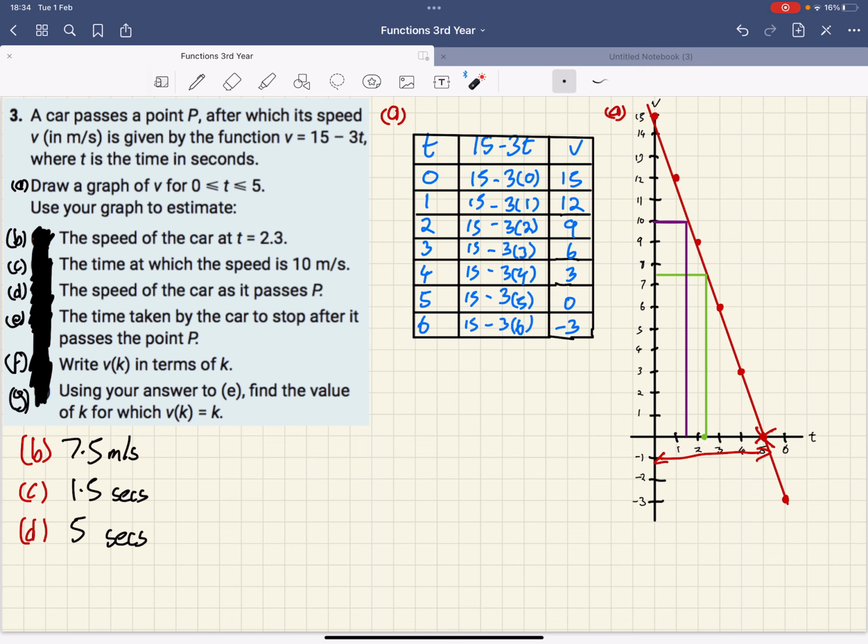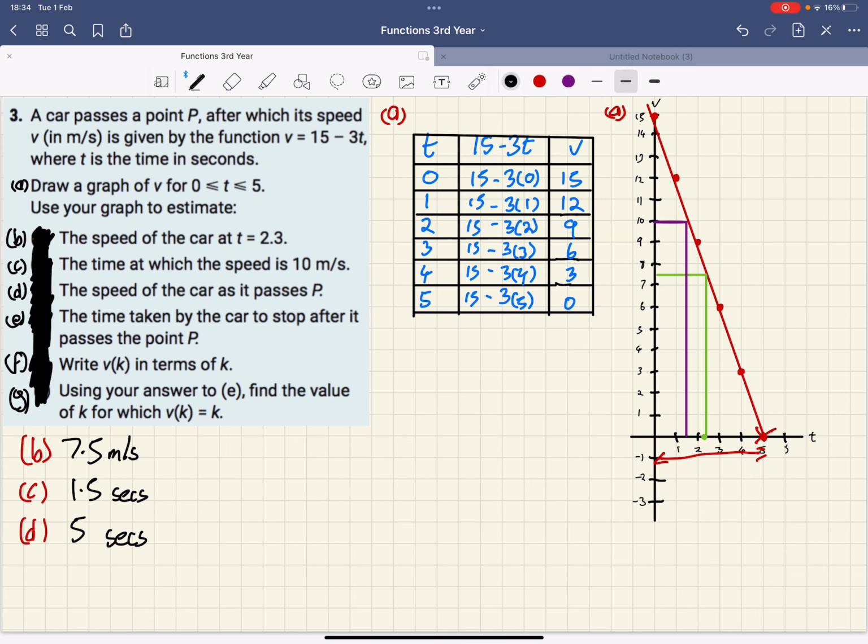I just realized it's 0 up as far as 5, because a car can't go minus speed. Anyway, the answer is 5 seconds. I didn't need to put this in, and therefore I didn't need to have this line go on like that. That's 5 seconds.